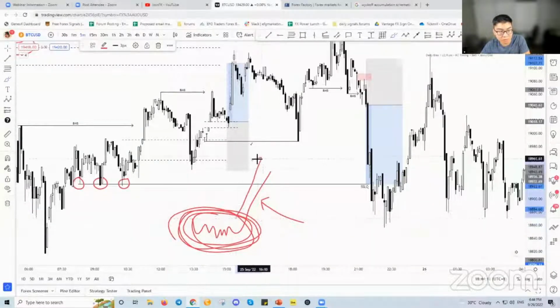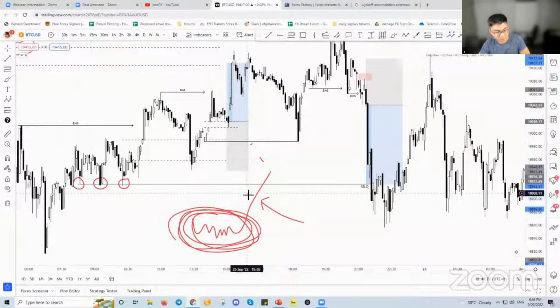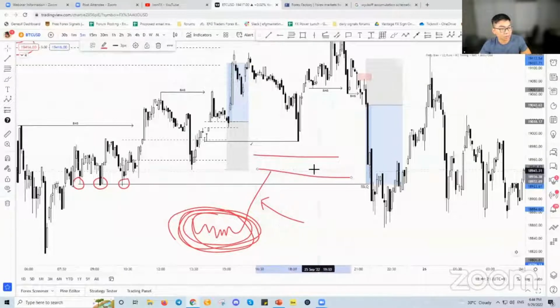When it shoots up, it should run for a while to your next points of interest. So if I miss this, I will just wait for price to continue moving up to my next points of interest. I'll wait for price to go there and gather volume again for distribution. Price going down, this is where I'm looking for a sell.